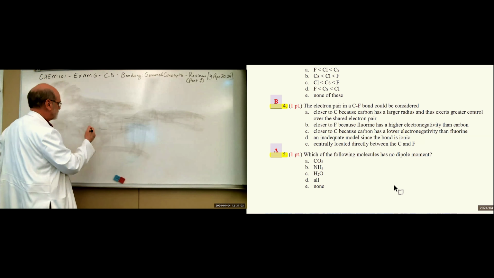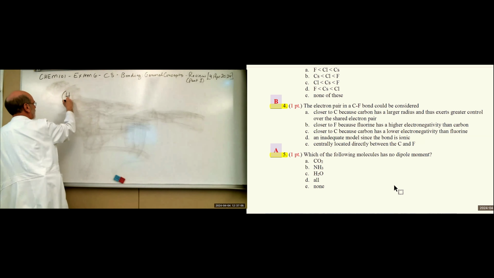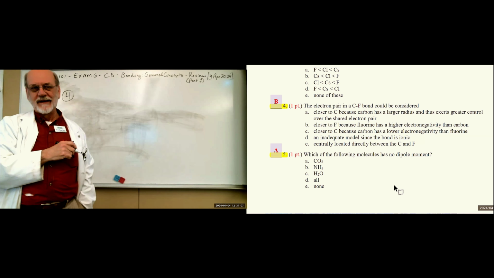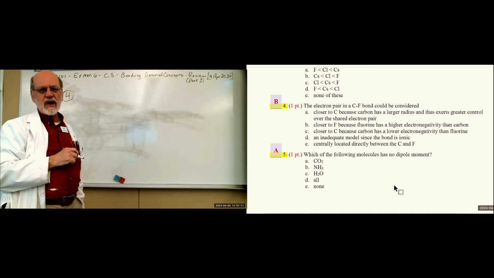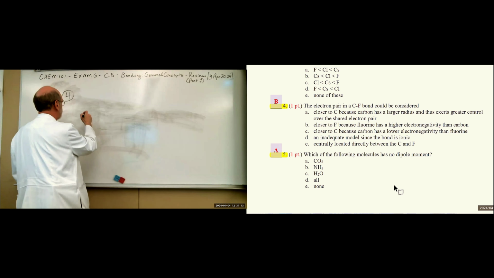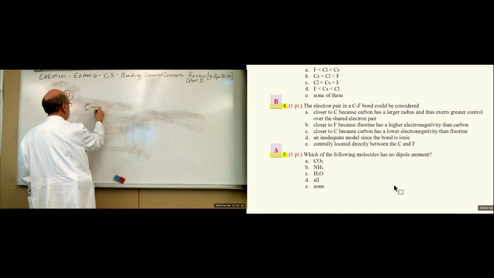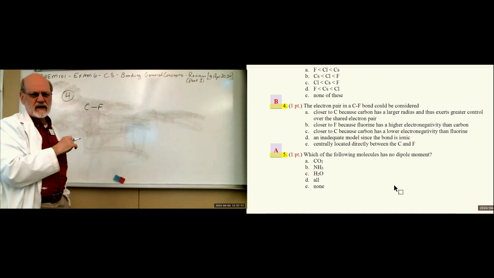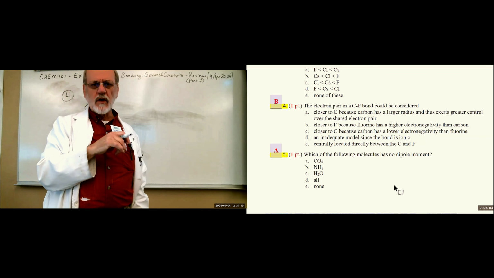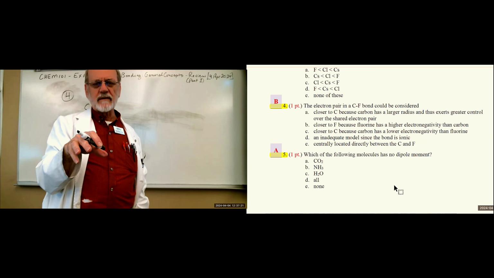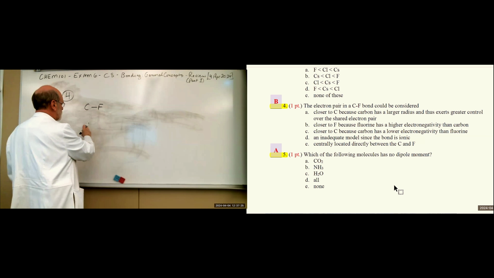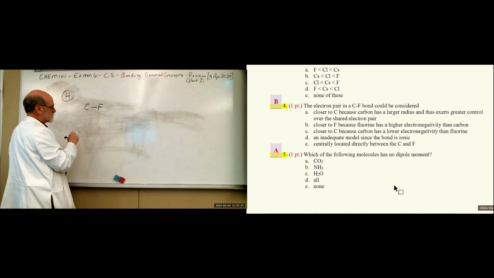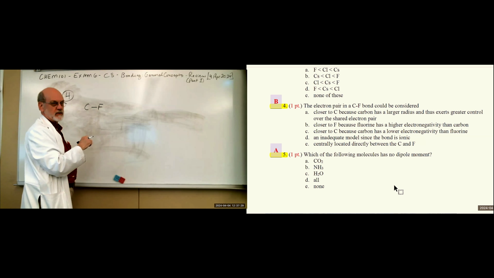How about 4? The electron pair in a carbon-fluorine bond could be considered closer to carbon, closer to fluorine. So we need to look at the difference in electronegativities. Which way is the dipole moment for these two?